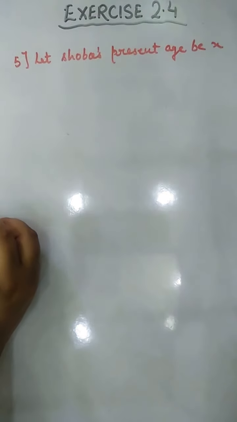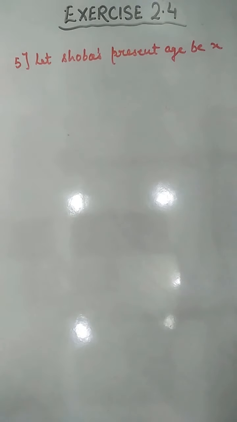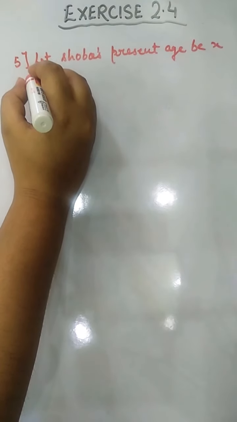And what they are saying is, his mother is presently 6 times his age. Shobo's mother's present age is 6 times Shobo's present age.